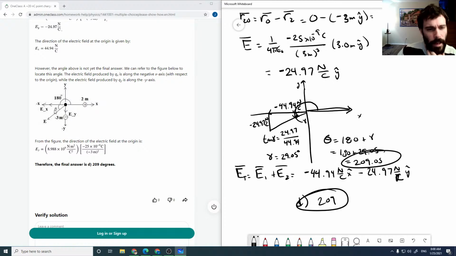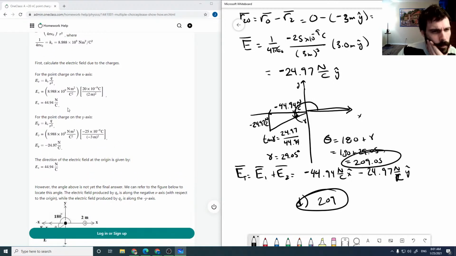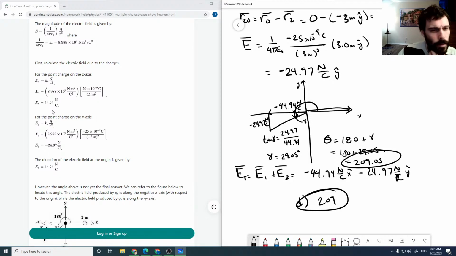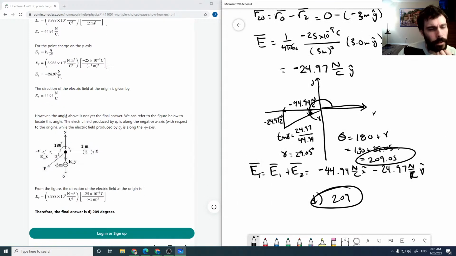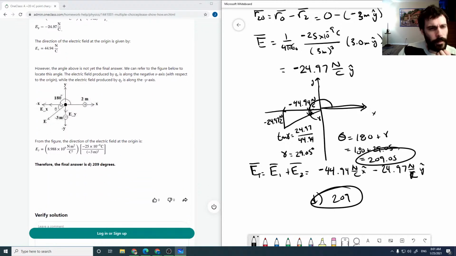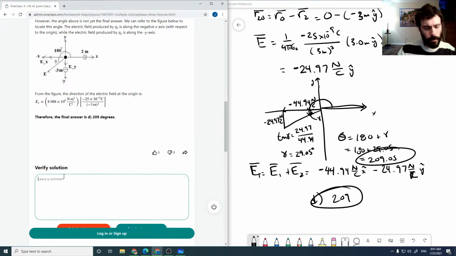So we need to add 180 to the angle, and we get 209. So that's the magnitude. Oh wait, what? How did you get that? Oh yeah, okay. So that's the magnitude. Okay, so that looks good.